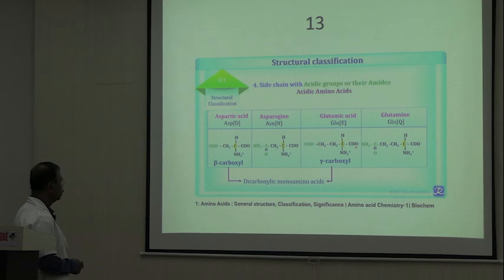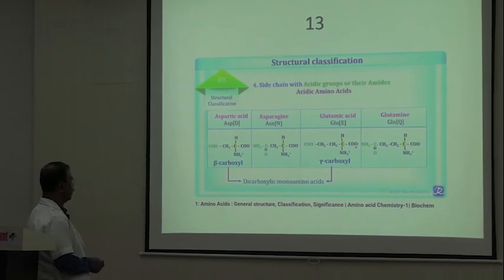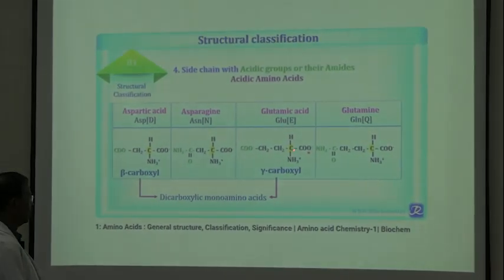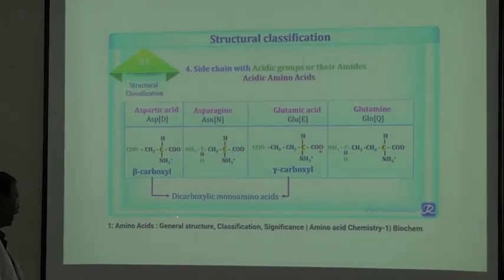Aspartic acid has 2 carboxyl groups here and here, and glutamic acid also has 2 carboxyl groups. So they are called dicarboxylic monoamino acids. Only one amino group is there, but 2 carboxyl groups are there. Because of that, they are acidic in nature.